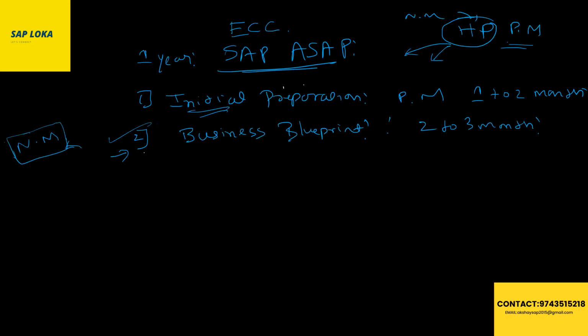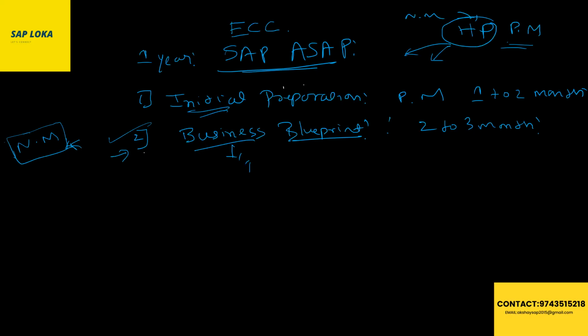As a functional consultant, if we are an MM consultant, we need to approach the MM core users and ask how this process works, and make notes. The whole business blueprint works fully on paperwork. We need to make documents on how these processes are working.